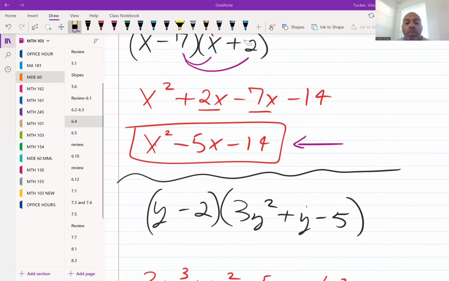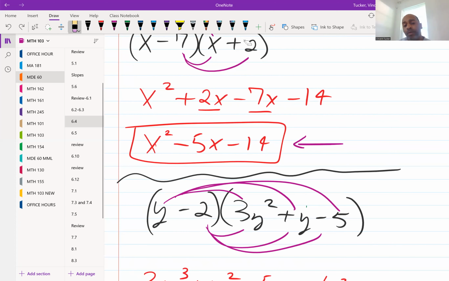All right. So here we have y minus 2 times 3y squared plus y minus 5. So we're going to distribute just like we did before. We're going to take the y, multiply to each term in the other parentheses, then we'll take negative 2, multiply to each term as well.